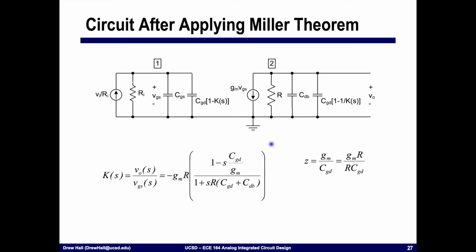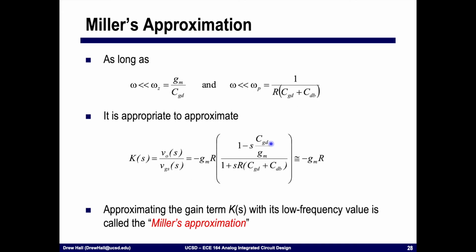Importantly, as I said earlier, this has 1 zero and 1 pole, and it's pretty reasonable to argue that if I have to use this full expression, I really haven't gained much by trying to apply Miller's theorem. I would probably have been better off just using the KCL analysis that we did earlier and running it through.